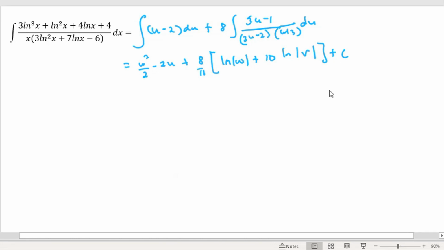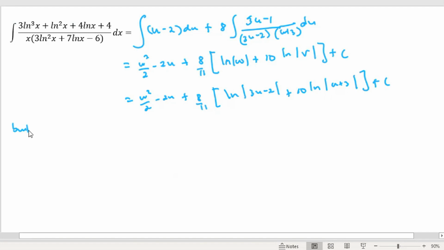Now I'm going to replace the values of u and w. Starting with w, we have u squared over 2 minus 2u plus 8 over 11 times ln of w, where w is 3u minus 2, plus 10 ln of the absolute value of v, which is u plus 3, plus a constant. But our u is equal to ln of x.